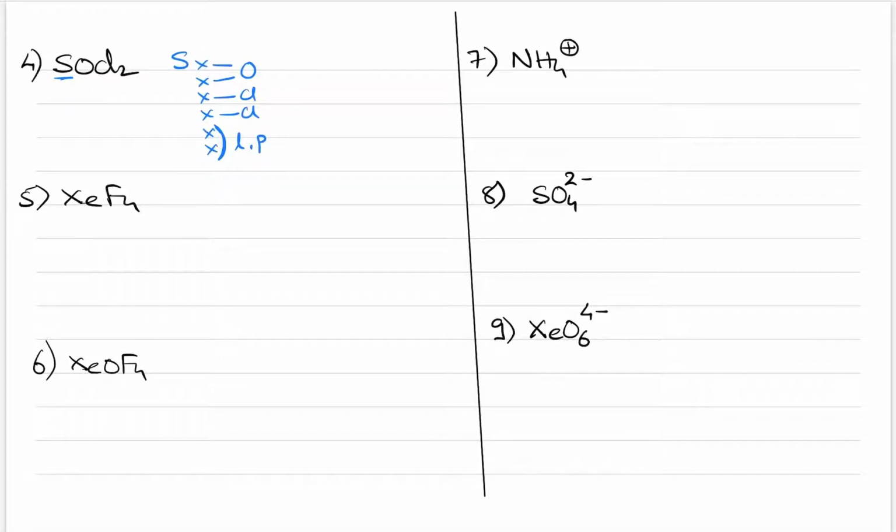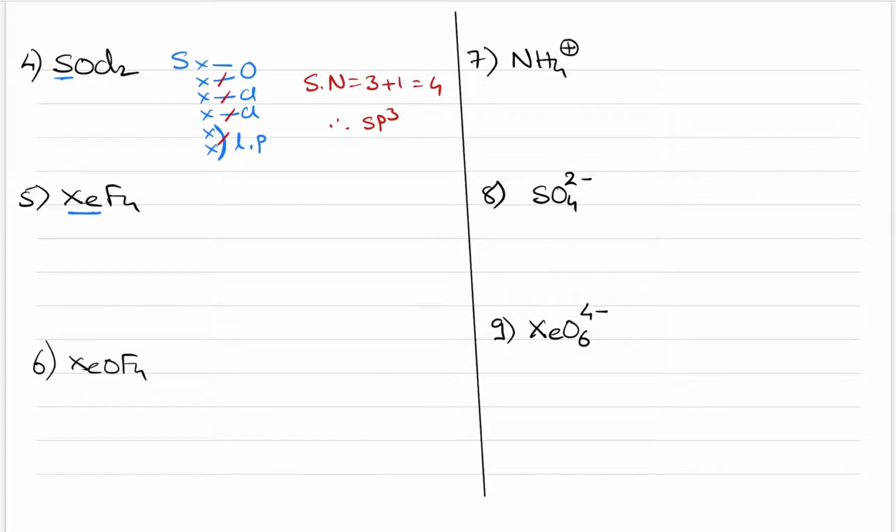Now steric number is the number of sigma bonds plus the number of localized lone pairs. So the number of sigma bonds is 1, 2, 3, and 1 lone pair is there, total 4. Steric number is equal to 3 plus 1, that is 4. So steric number 4 means hybridization sp3. Got it?